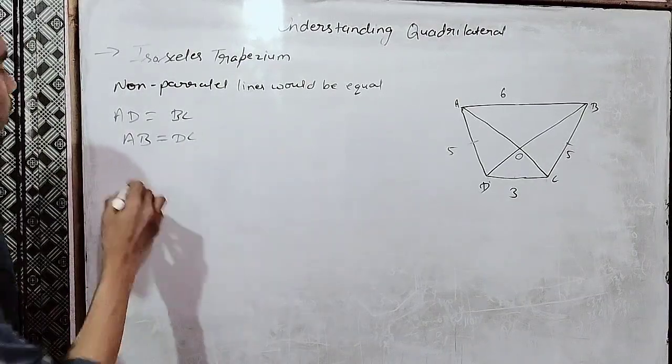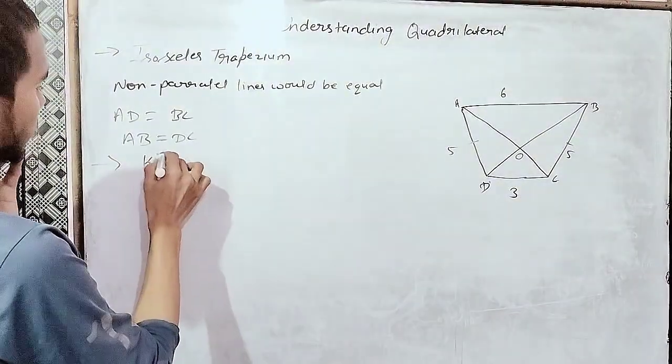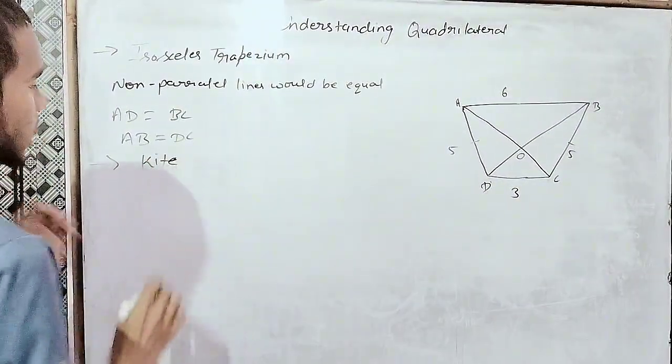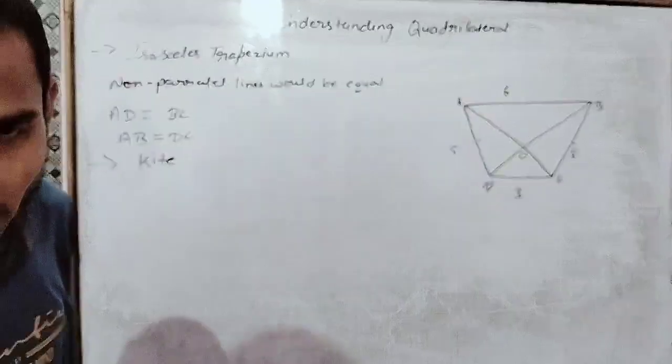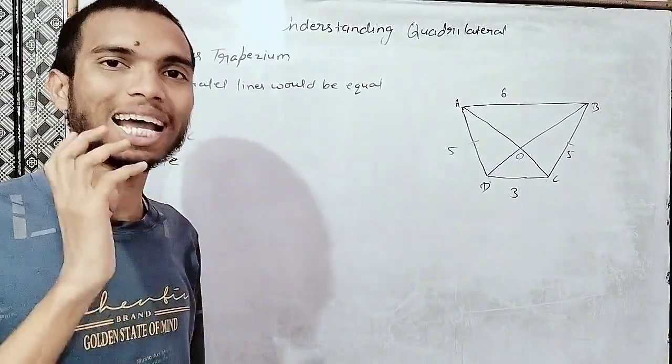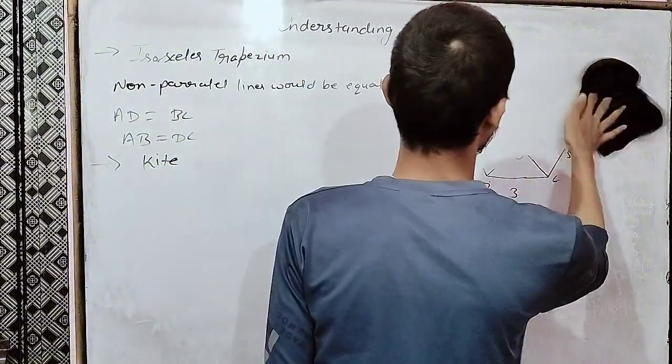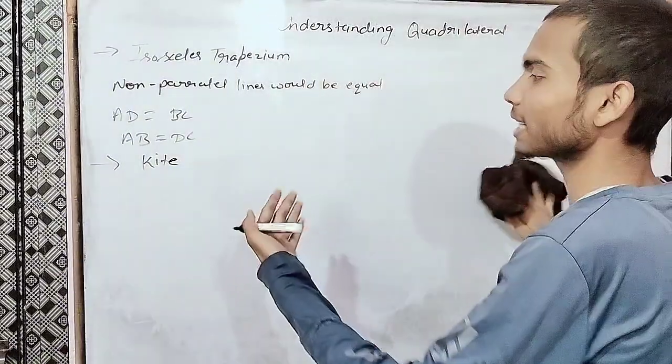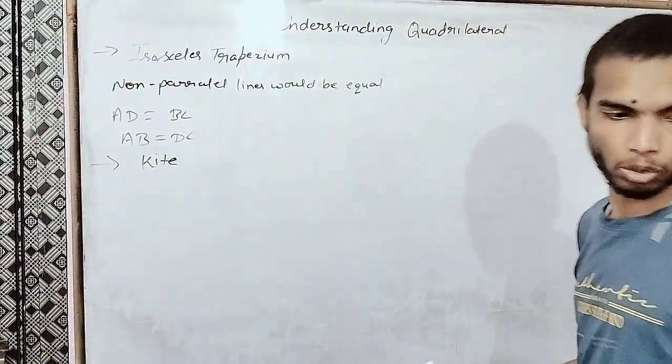Now about kite. What is kite? Kite is also rhombus, but not exact rhombus. Remember, kite is also rhombus, but not exact rhombus.